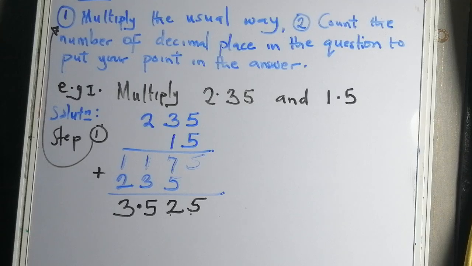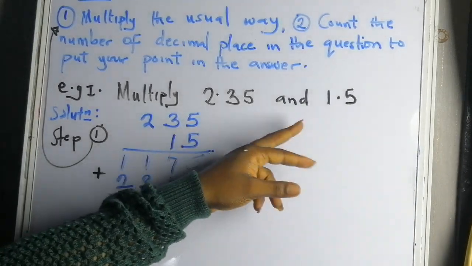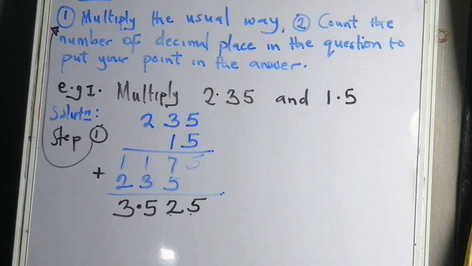So don't be scared if the figures are 4 figures or 5 figures or 3 figures. Just do your usual multiplication. If you're permitted to use a calculator, you can, but without a calculator, I can get the value, and that is what I've shown here.